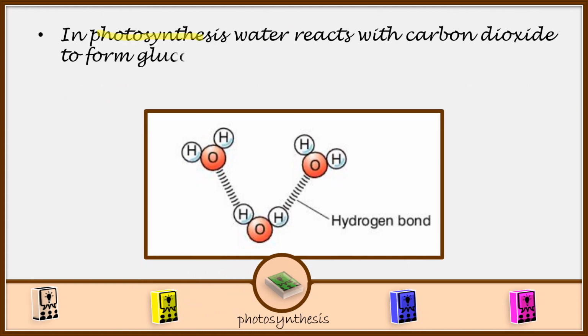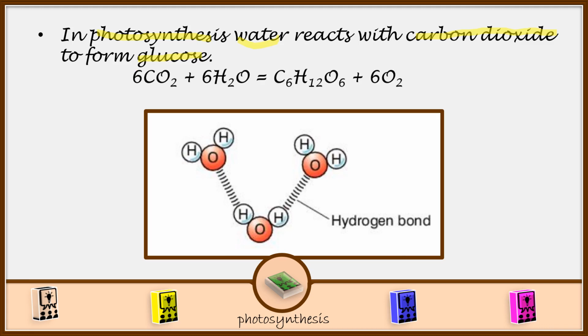In photosynthesis, water is going to react with carbon dioxide to form glucose. That is, in photosynthesis, we see that 6 molecules of water react with 6 molecules of carbon dioxide, and we end up getting 1 molecule of glucose and 6 molecules of oxygen.